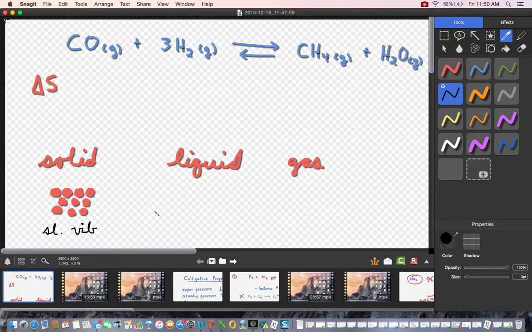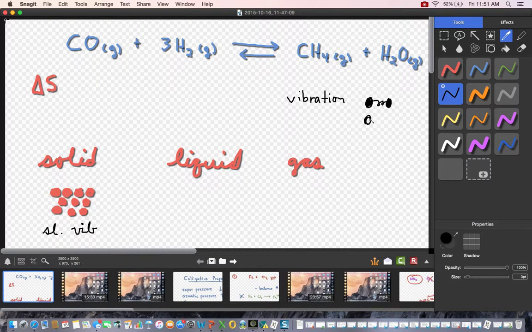Remember, molecules have 3 different ways in which motion can be detected. One is a vibration. And that's when you have 2 atoms that are near each other. You could use the analogy of 2 masses connected by a spring.